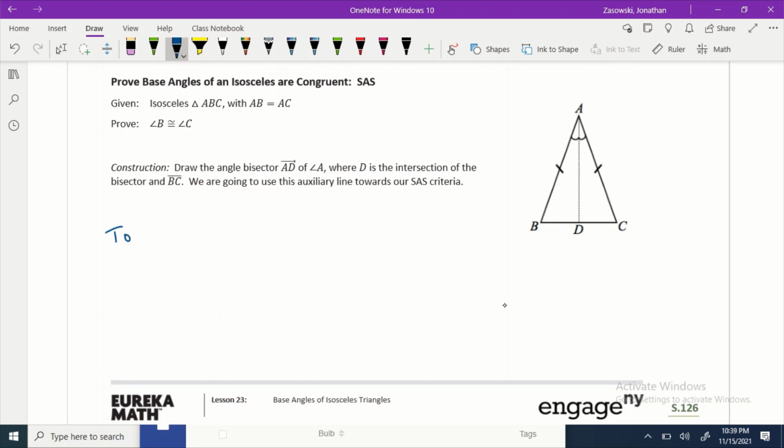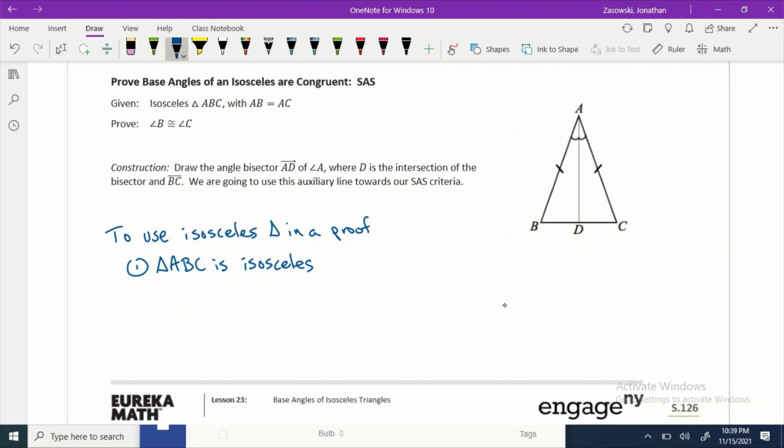So to use the isosceles triangle in a proof, step one, we actually have to prove it's an isosceles triangle. I'm going to say triangle ABC is isosceles. Okay, that's going to be the statement.